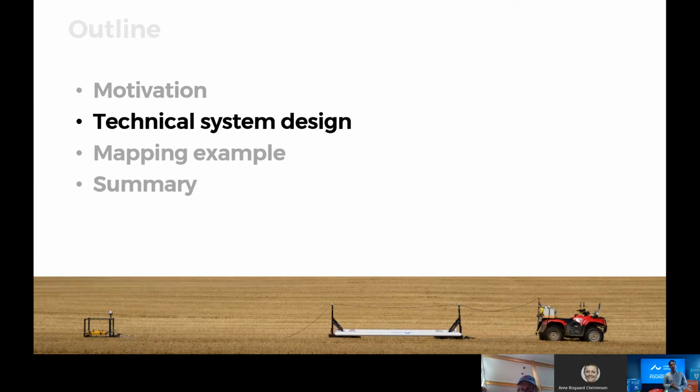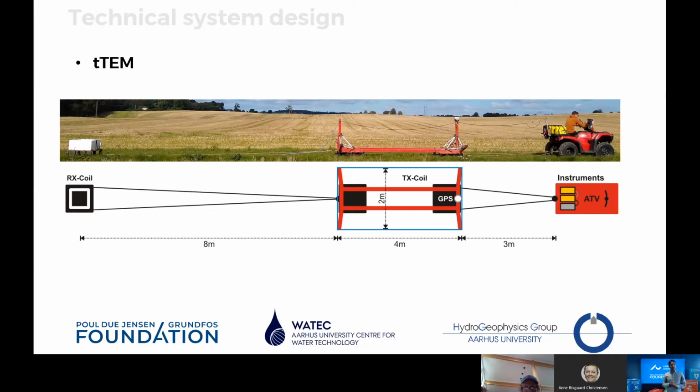So this is the system, how it looks in the field. The top image that you're seeing in the picture shows the system ready to run in the field. The bottom is showing you the layout of the system. You can see in the middle there is a red colored frame.